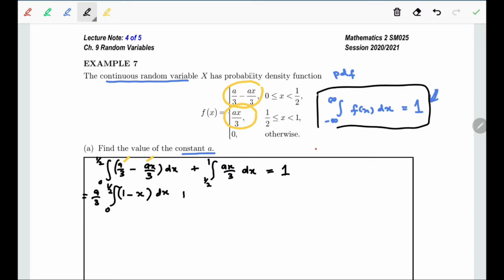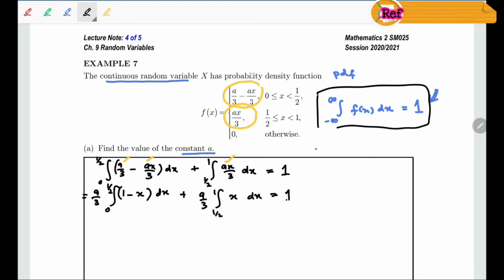plus, with this one also we can take out the a over 3, which will make it easier for you to integrate, equals 1. Then we are going to integrate.